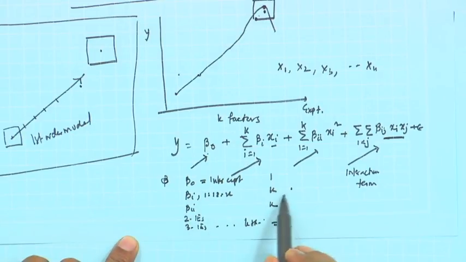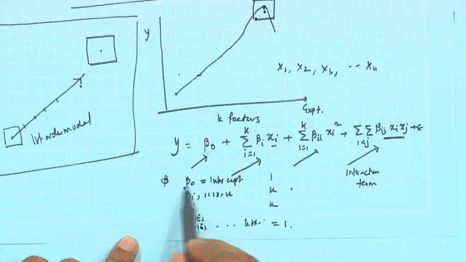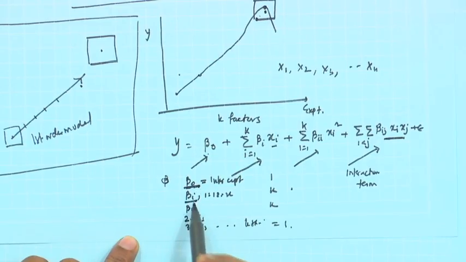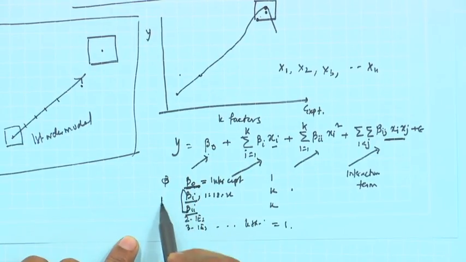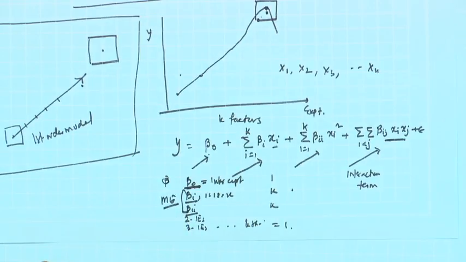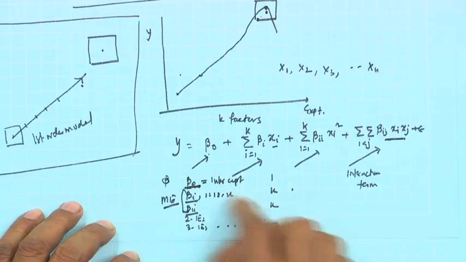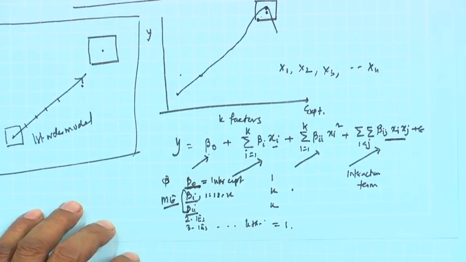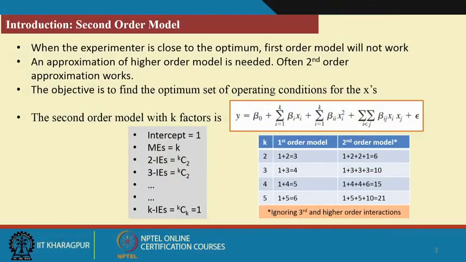Beta 0 is the intercept, and the beta i are the main effects, and then there will be so many interaction effects. Okay. So, let us see the difference between the first order and second order model with reference to different factors.